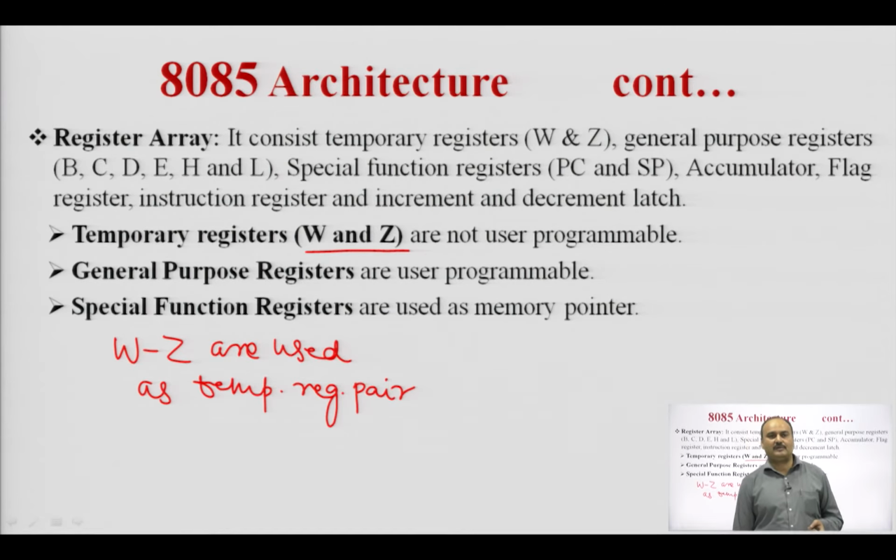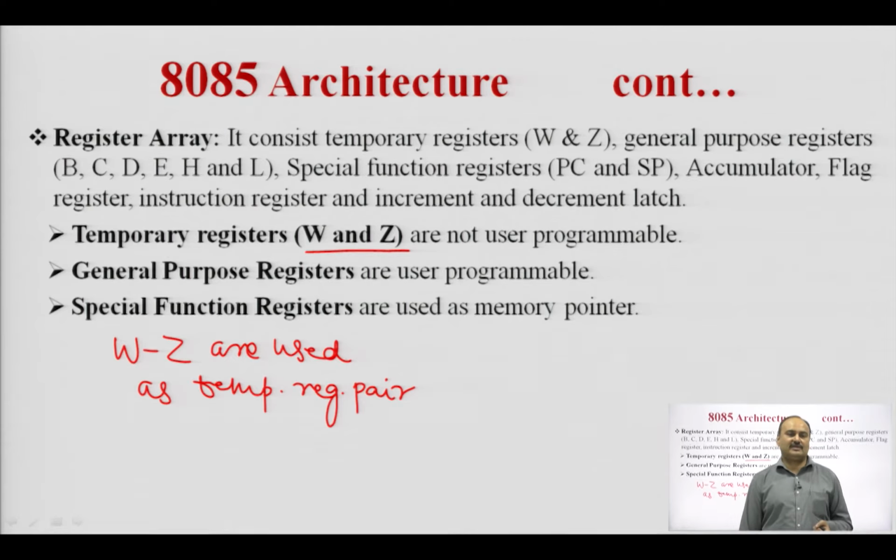It means that the programmer uses the general purpose registers during programming. Special purpose registers are used as memory pointers. Each special purpose register, that is the program counter and stack pointer, is used to hold a memory address during the execution of a program. The program counter points to the instruction present in a memory location.